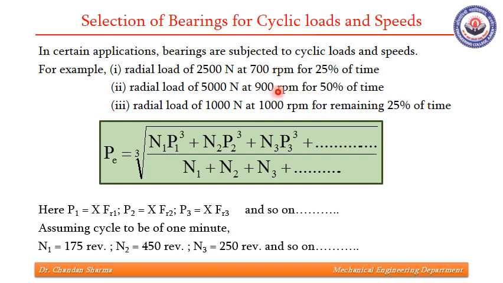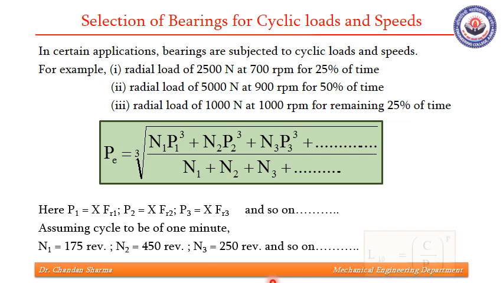Then for the remaining 900, the revolution will be 450, that is 900 by 2. Why 2? Because it is for 50% of time. And for 1000 RPM, it is 1000 by 4, since it is for 25% of time. So it is 250 revolutions and so on. So by the usual procedure, we'll find P1, P2, P3 and N1, N2, N3 and we'll find PE.